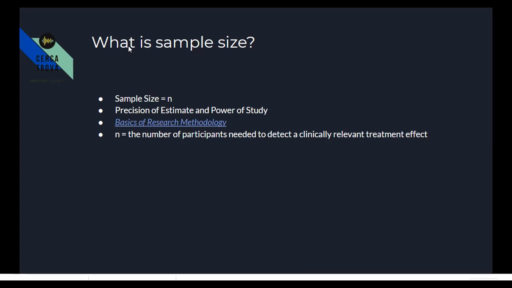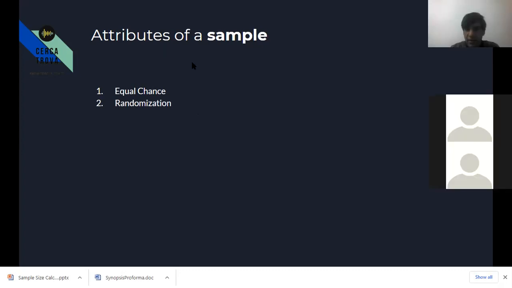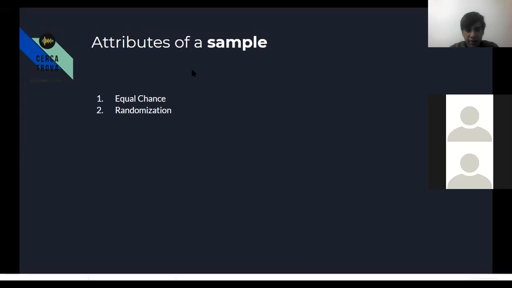Now coming to the next part, what are the attributes of a good sample? A good sample should have a few characteristics. Every individual in the chosen population should have an equal chance to be included in the sample. Ideally, the choice of one participant should not affect the chance of others' selection, and this is called randomization.